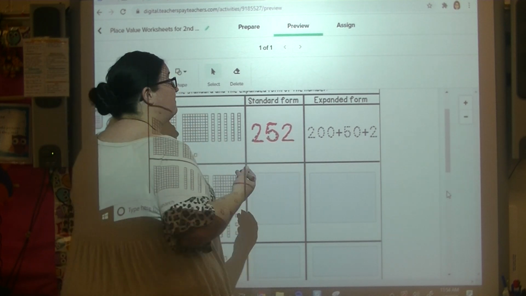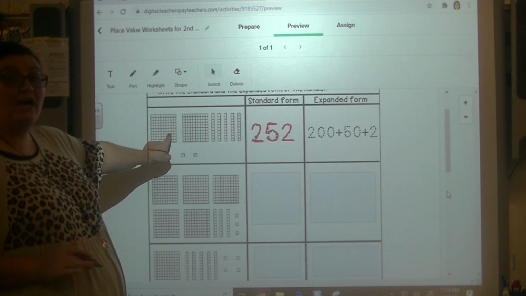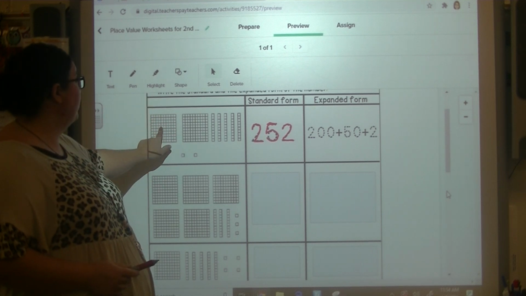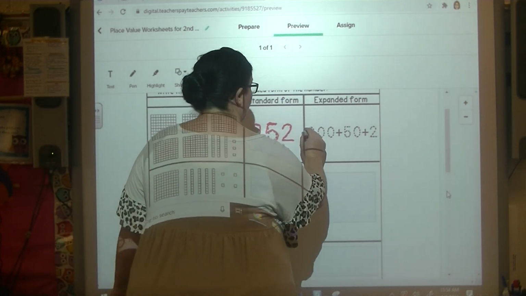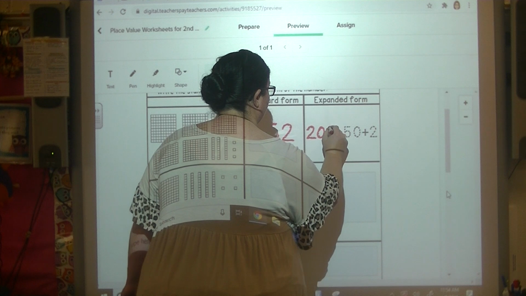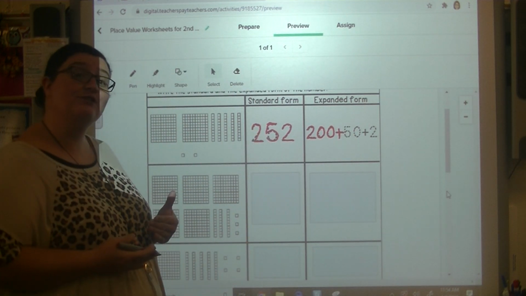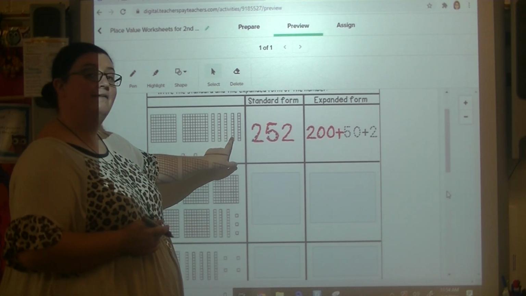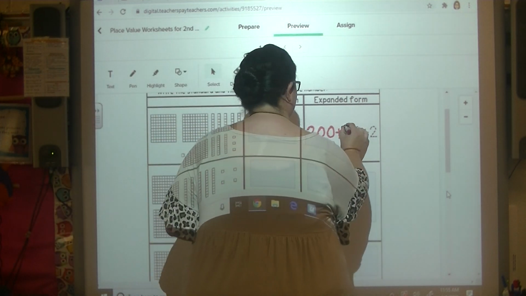Now let's talk about the value. We count by hundreds for hundreds blocks. 100, 200. So I would type in 200 plus, count by tens for your tens. Let's count. 10, 20, 30, 40, 50. 5 tens equals 50.